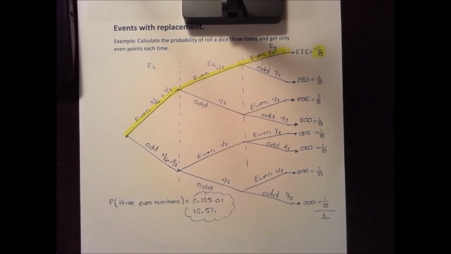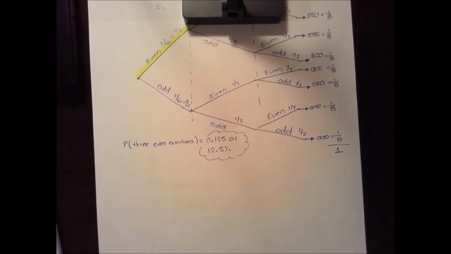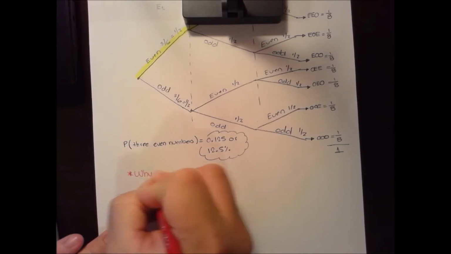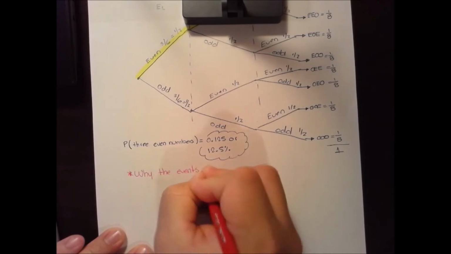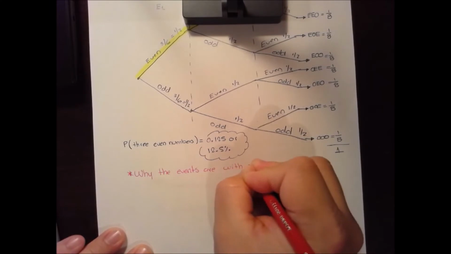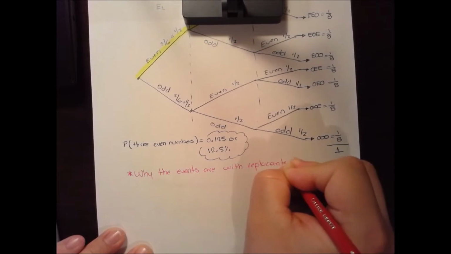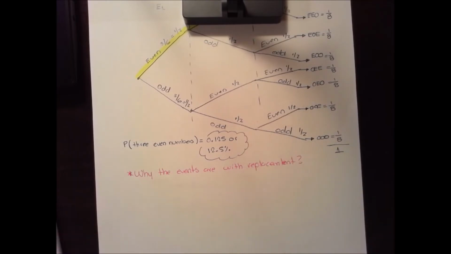And another important thing: why is it an event with replacement? This is an event with replacement because of 2 important things that I'm going to show you right now. Question: why are the events with replacement? The answer is very easy.